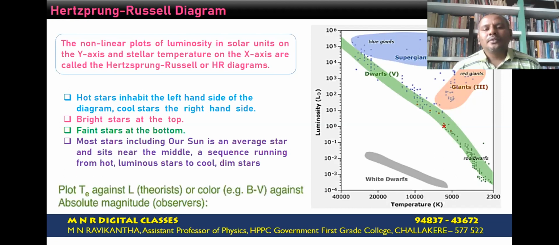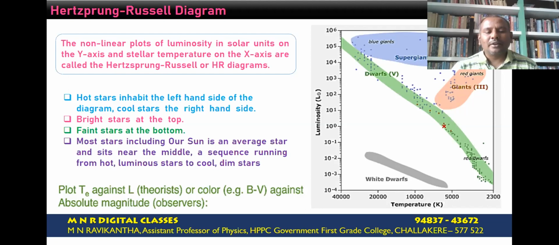Now, there are two ways of plotting the HR diagram, as we discussed already. Which graph is the correct one? Both are correct. It depends on the astrophysicist. Usually, theoretical astrophysicists consider the surface temperature as a function of luminosity, while observers, that is, experimental astronomers, plot color as a function of absolute magnitude.